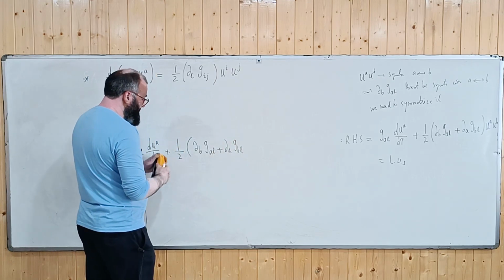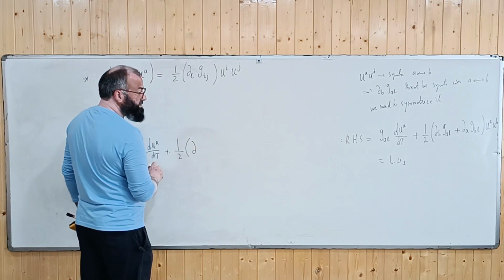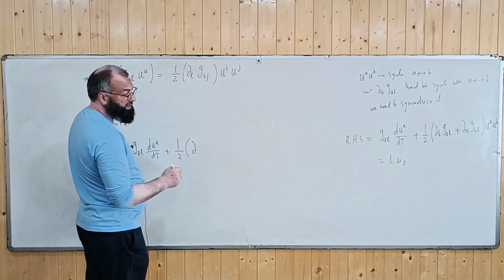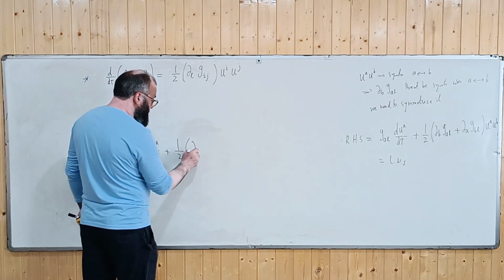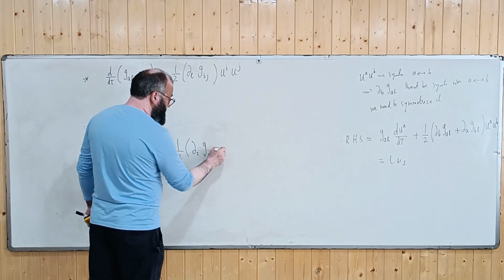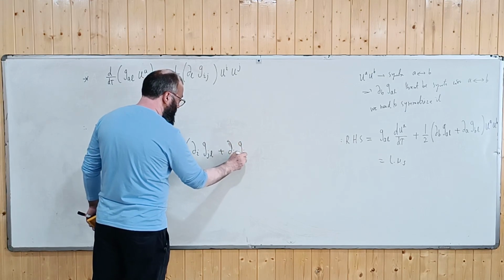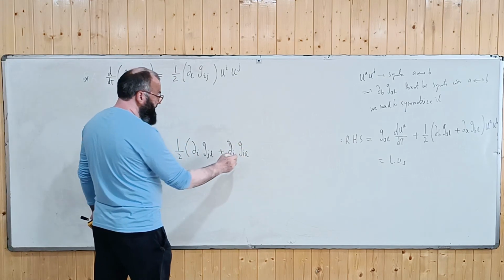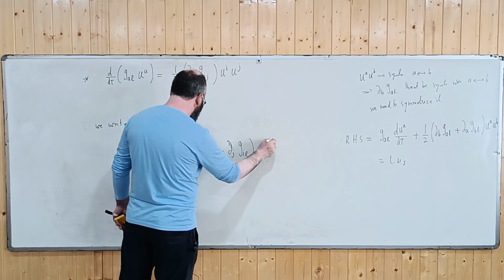So instead of AB, I will write IJ here, because they are dummy variables; B is summed and A is also summed. Let me write it as ∂_I g_JL plus ∂_J g_IL, that's equal to u^I u^J.